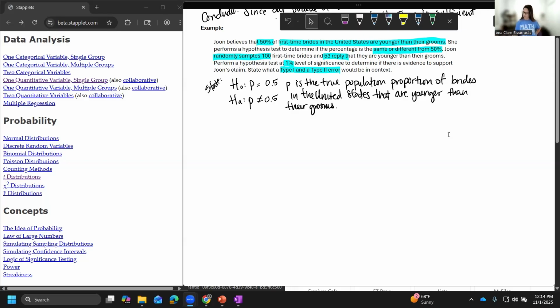We are going to test this at the alpha equals 0.01 level of significance because that's what we've been given in the problem.